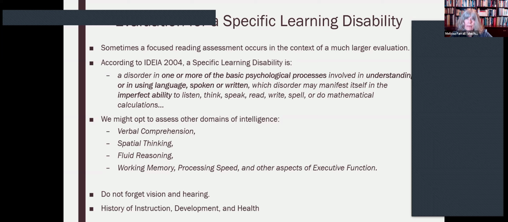We all know that in our field with respect to reading, but it also has important implications for written expression, being able to get your ideas on paper with a flow. It's important for math, the ability to execute those really basic math facts as a foundation for being able to do things like long division.